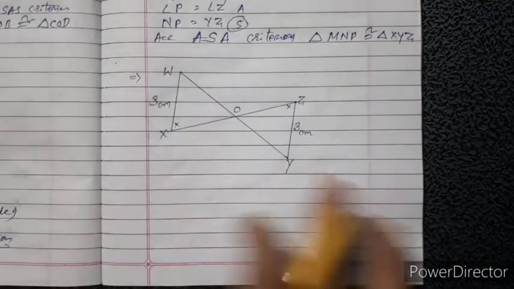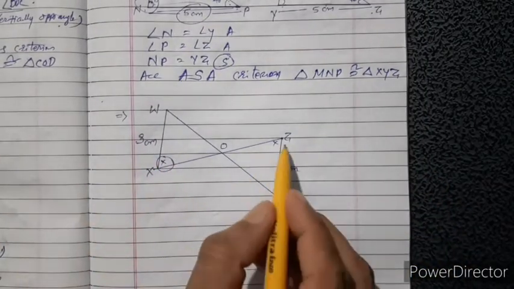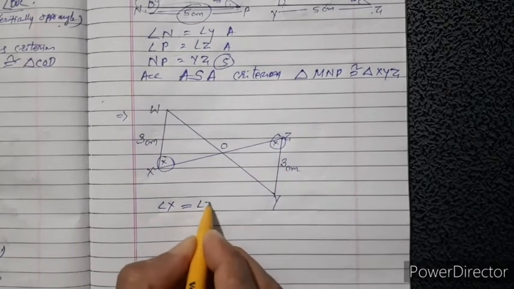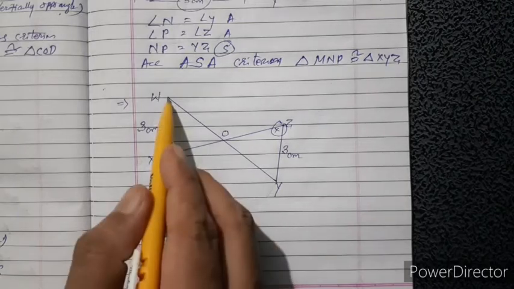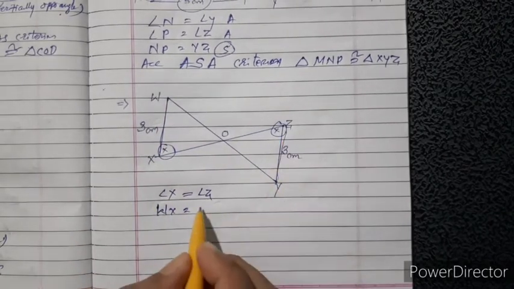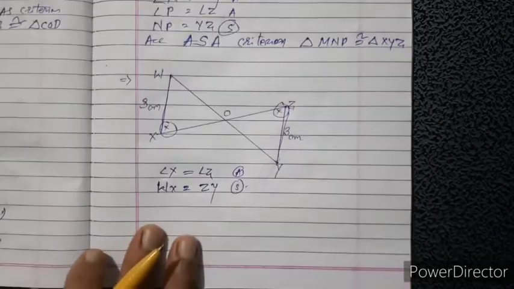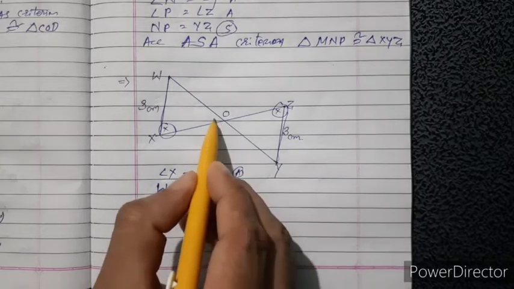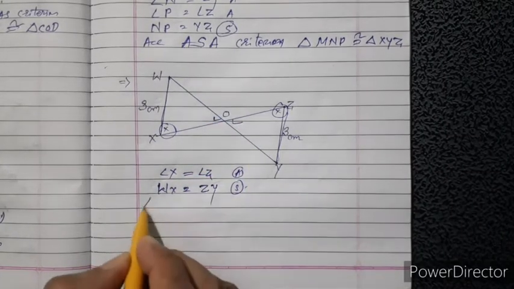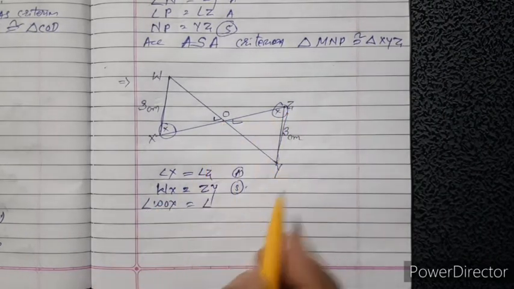Same here. Look, these two angles are equal, angle X equal to angle Z, and WX equal to ZY. Angles and a side are given. Now look, these two are vertically opposite angles, so angle WOX equals angle ZOY.